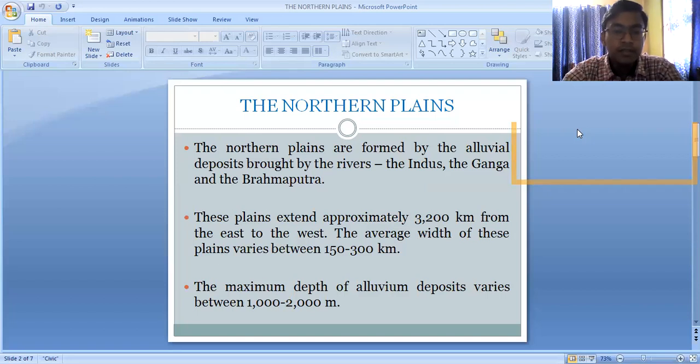The northern plains extend approximately 3,200 kilometers from the east to the west, and the average width of this plain varies between 150 to 300 kilometers.